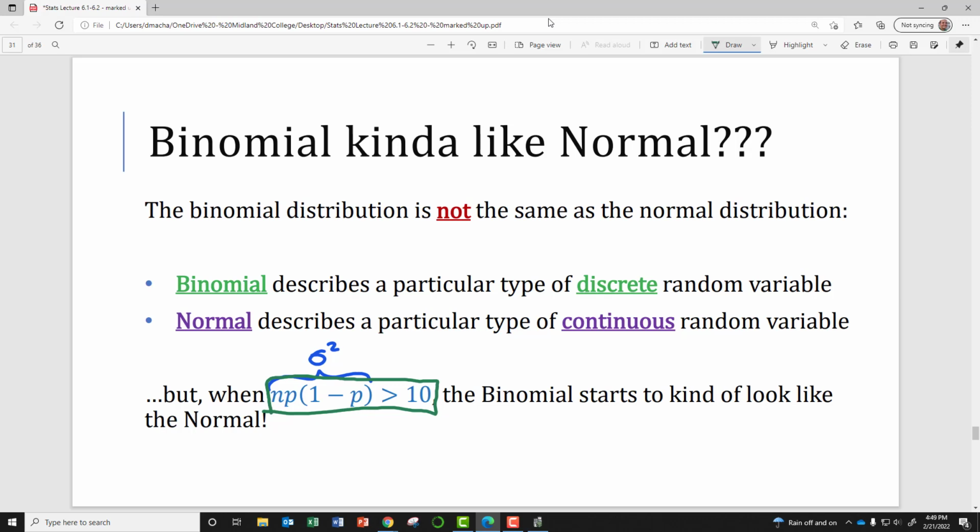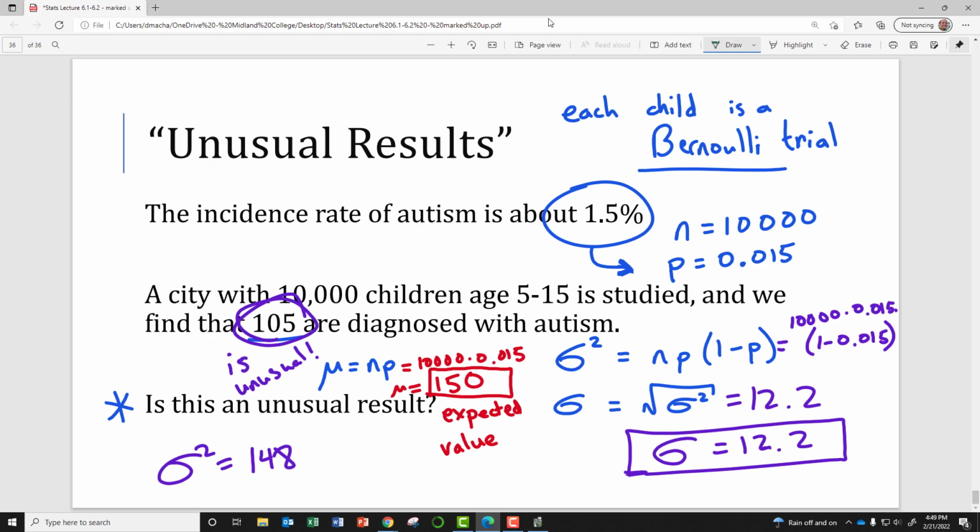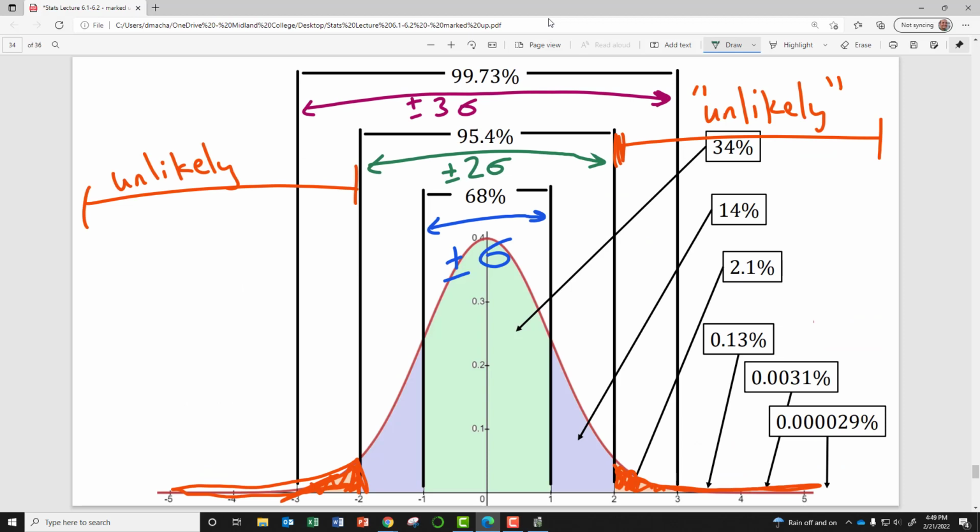If it's not greater than 10, technically you cannot use this line of reasoning, because this assumes that we're talking about a symmetric, normal-like curve when we use plus or minus 2 standard deviations as our criterion.